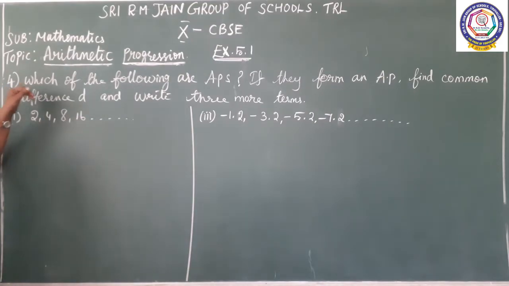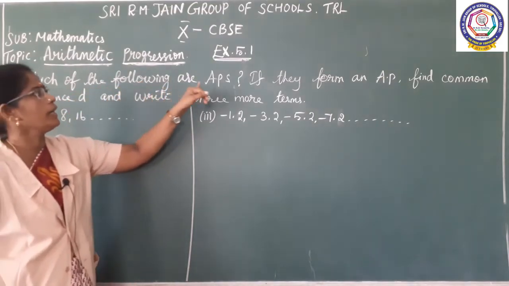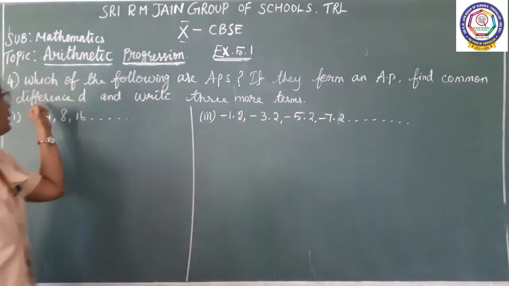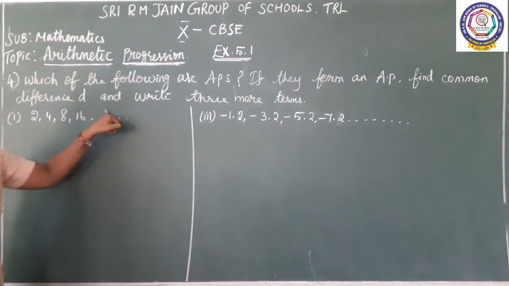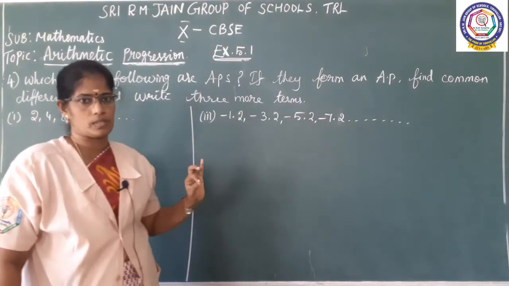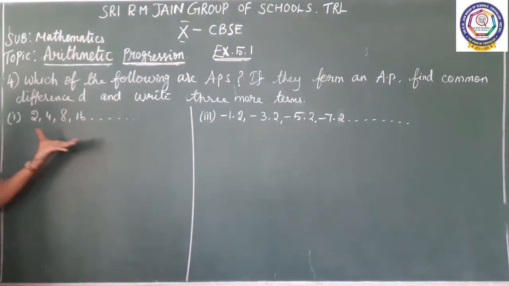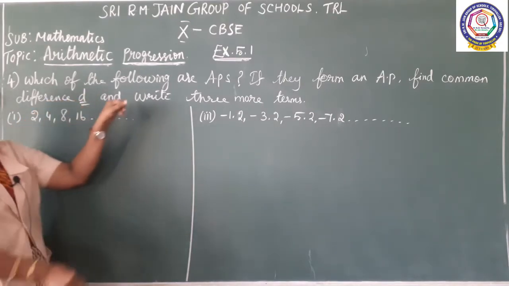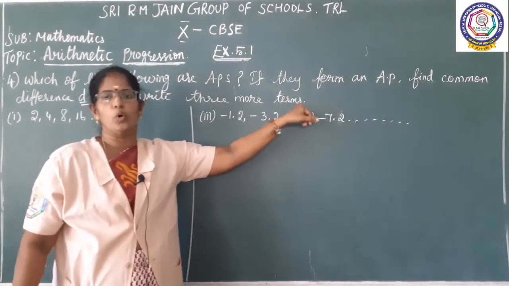Sum number 4. Which of the following are APs? If they form an AP, find the common difference d and write 3 more terms. Here one sequence is given, and we have to check whether it is an AP or not. If it is an AP, we have to find the common difference and the next 3 terms also.